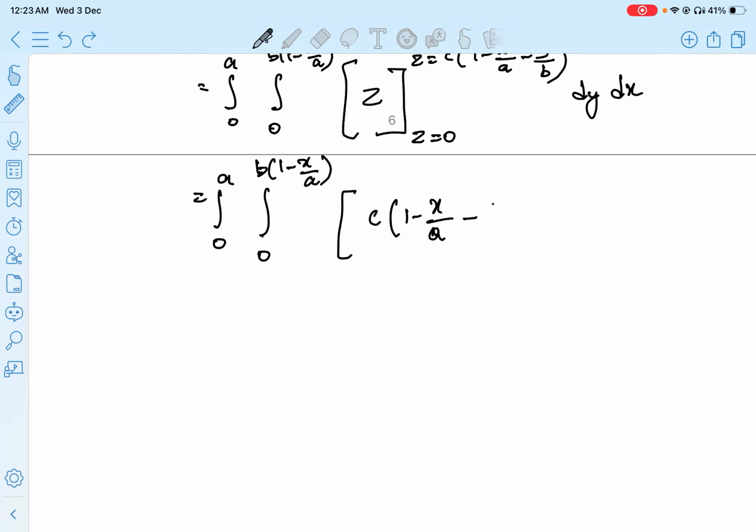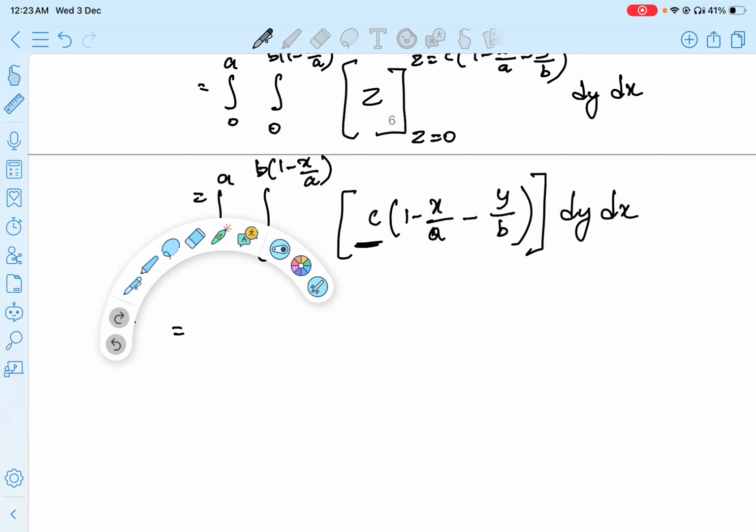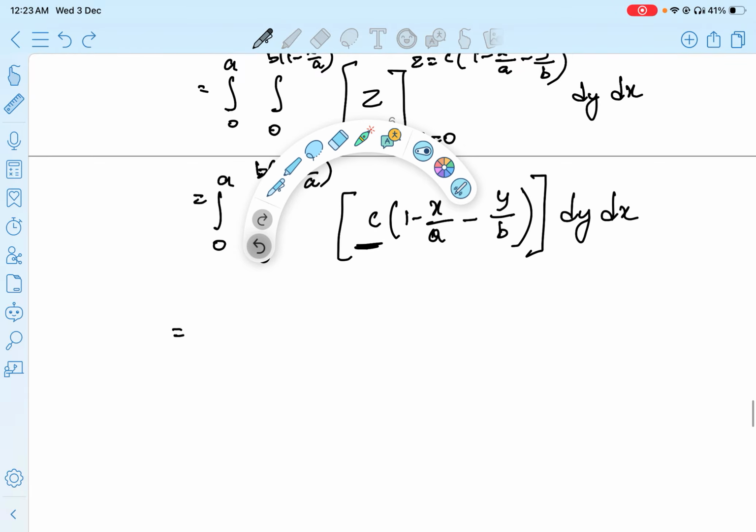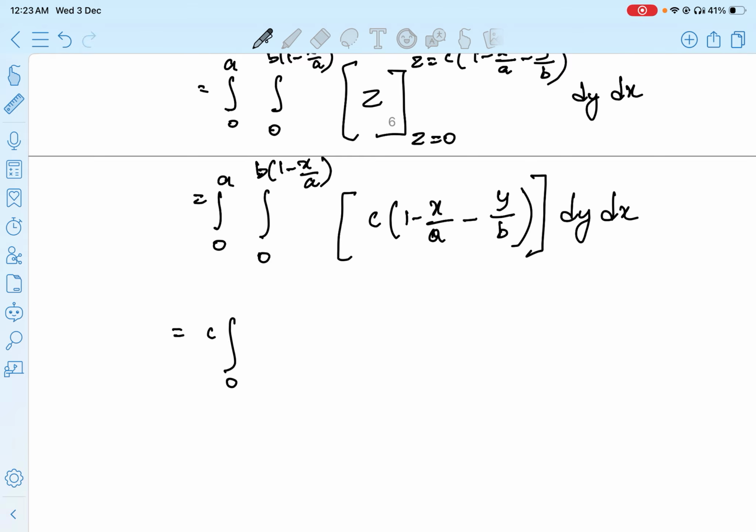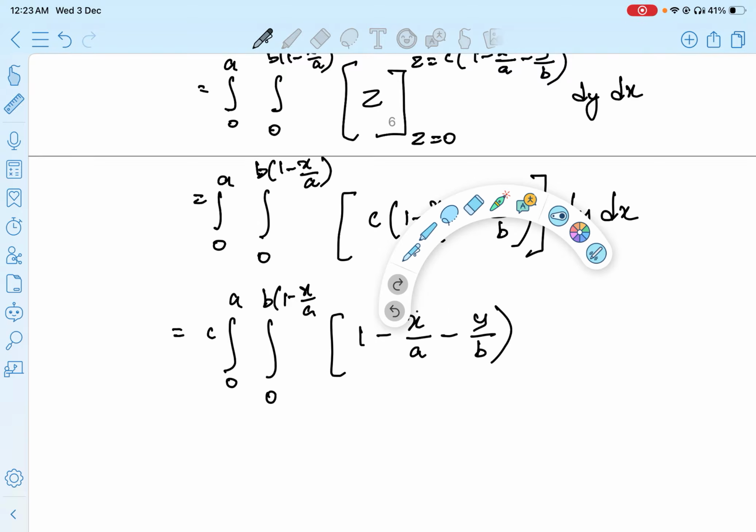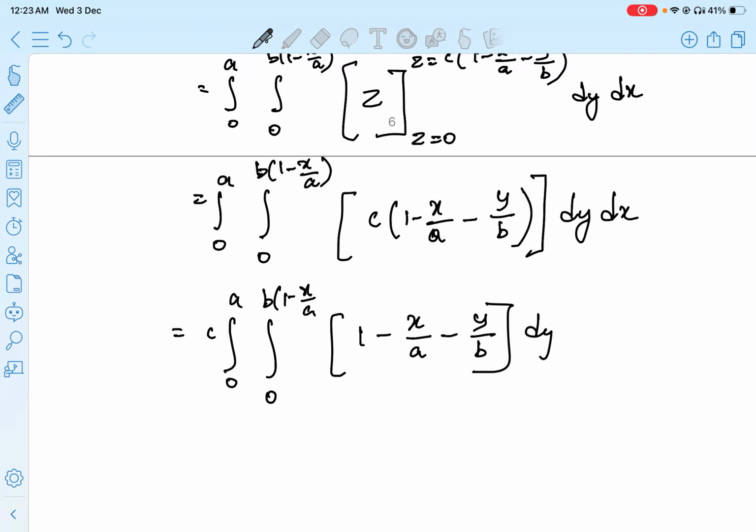We can take this c outside, because we don't need that c. So c integral 0 to a, integral 0 to b into 1 minus x by a, and the remaining terms, 1 minus x by a minus y by b, dy dx.